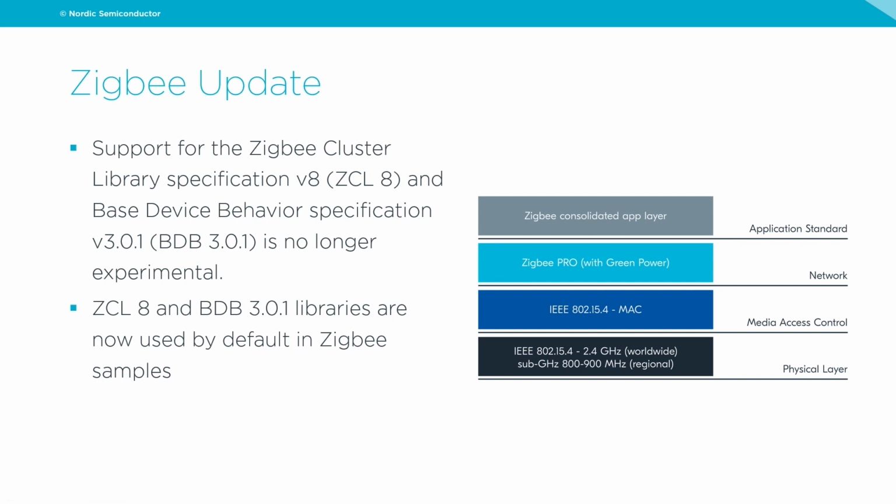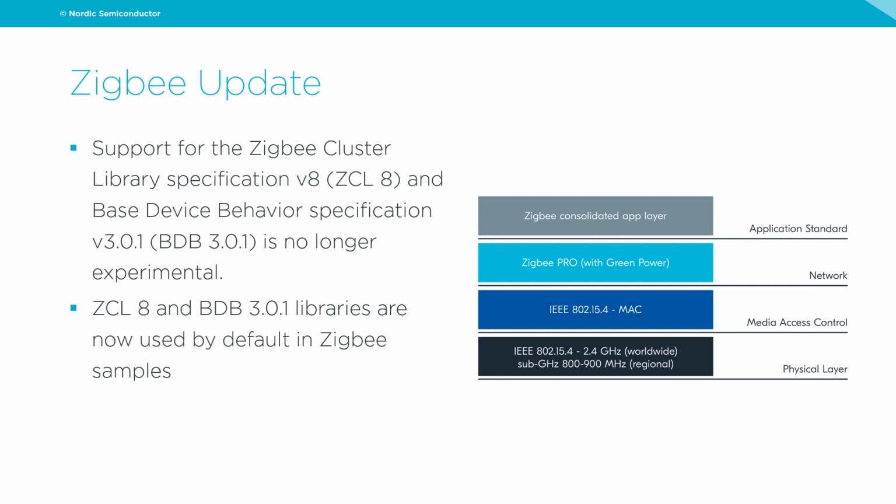Also be aware that the older, legacy versions of these two specifications are no longer available for new Zigbee product certification applications after the 1st of April 2022. Namely, Base Device Behavior version 1.0 and Zigbee Cluster Library versions 6 and 7.